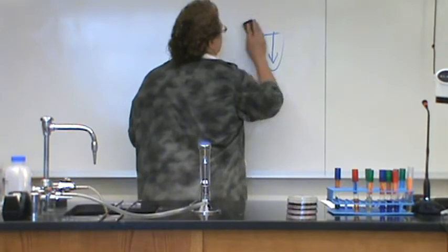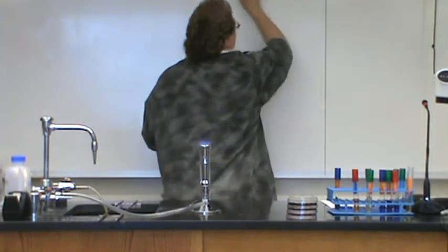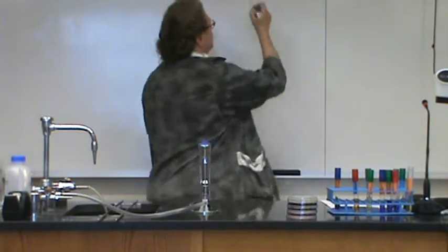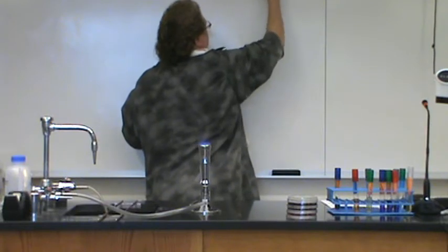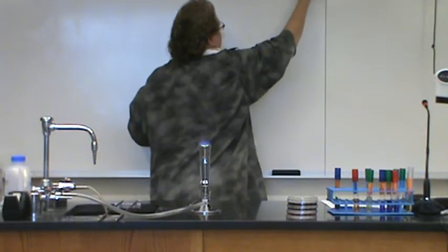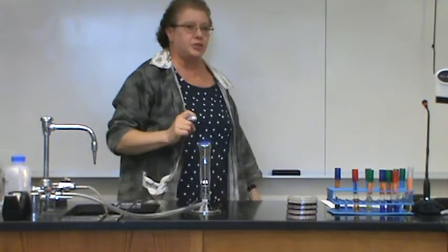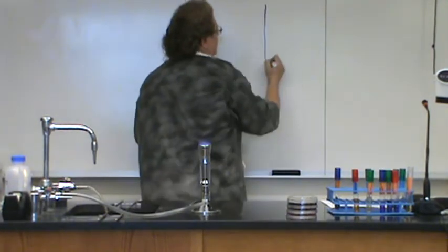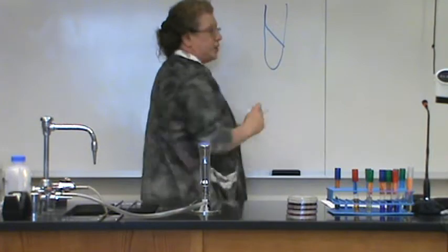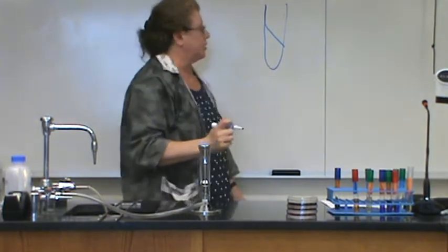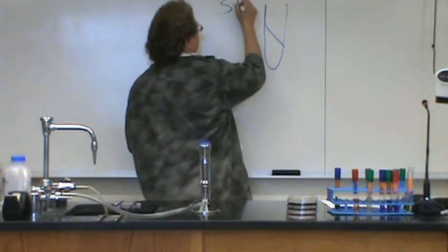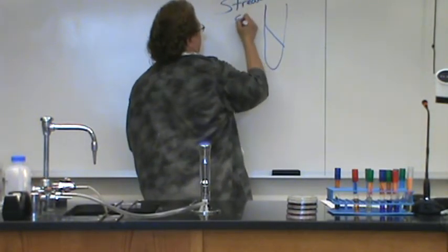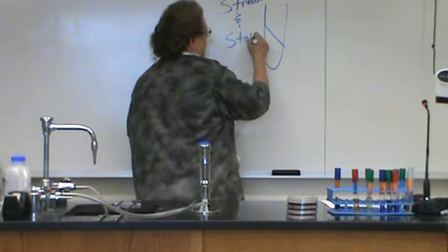Okay, so we are doing a Simmons citrate agar slant. So the media is at a slant in there, it's an agar. You're doing a streak and a stab.